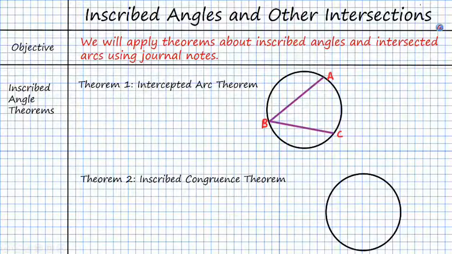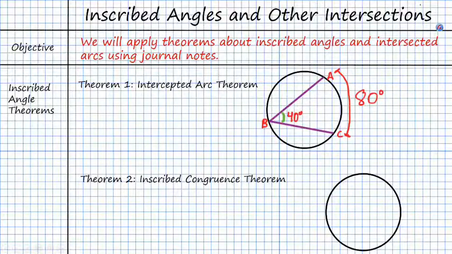So our first theorem has to do with the intercepted arc when we're looking at an inscribed angle. And remember, the inscribed angle is this angle here, ABC. So there's a relationship between the value of the inscribed angle and also the arc AC. If we've got 40 here, then the arc is actually going to be 80 degrees.